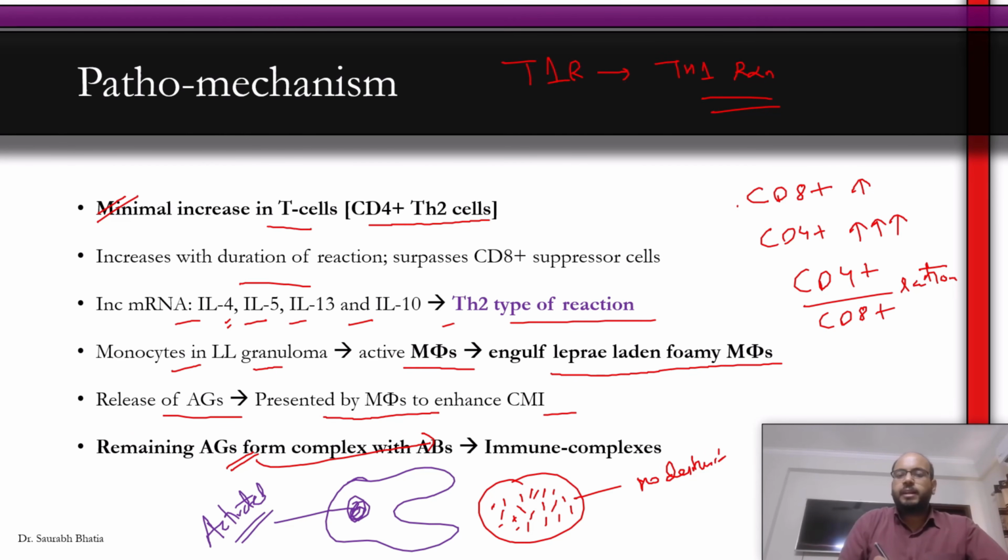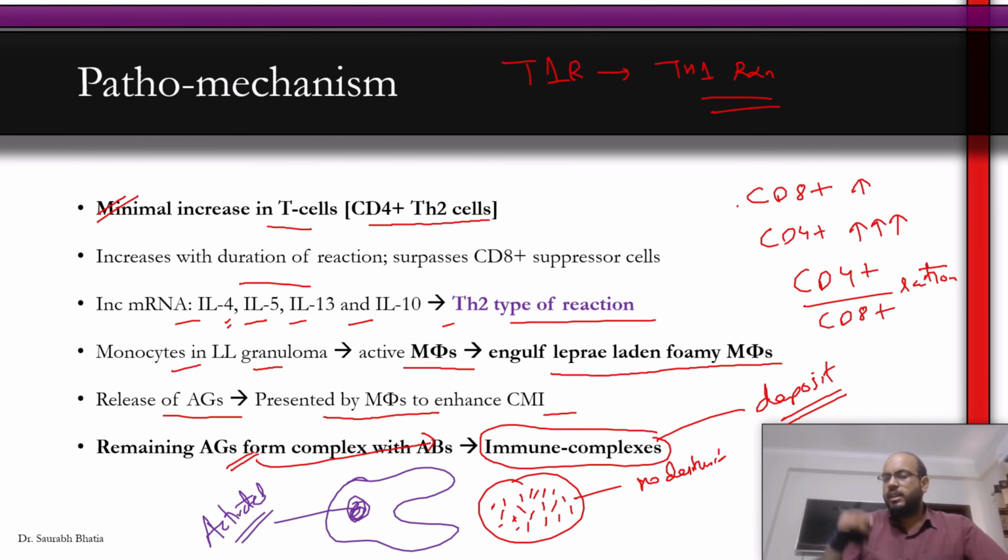So the body will form antibodies, increase CMI, and also increase the immune reaction, but is unable to destroy bacilli because of the sheer high bacillary load and immune non-reactivity. When the antigens are left, they form a complex with antibodies, and these complexes are known as immune complexes. And then they deposit themselves into various organs. And after deposition, the immune system starts to attack those organs, leading to features of type 2 lepra reaction.